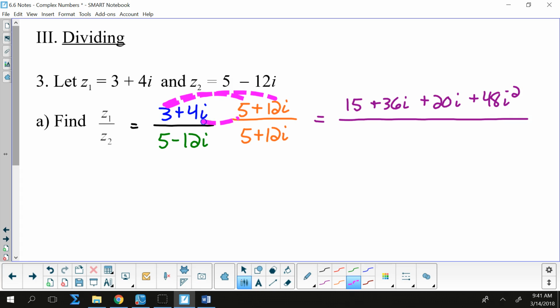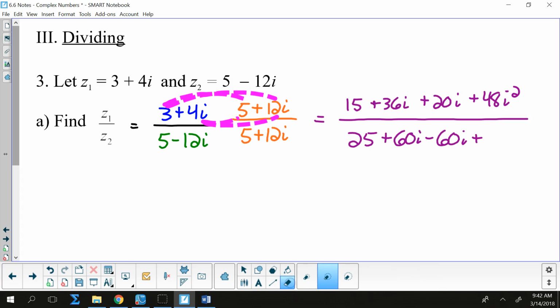(15, 36i, 20i, 48i squared). Then I got to do the denominator. 25 plus 60i minus 60i plus, nope, excuse me, that should be a minus 144i squared. Okay.